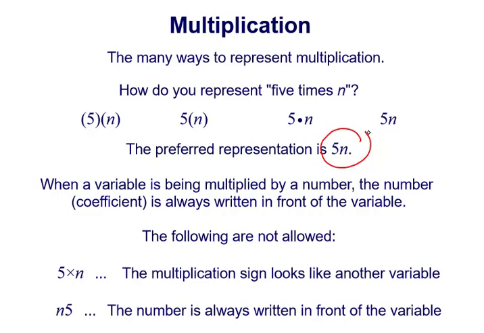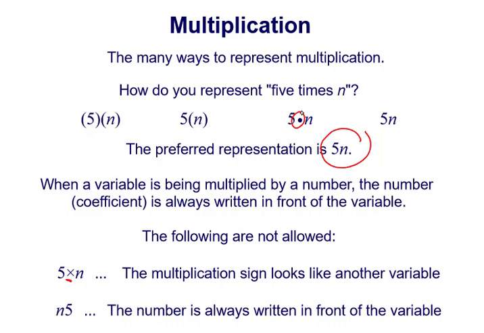Now, there are lots of different ways that are acceptable, but one that we don't want to accept is if you use the multiplication sign, the x, that almost looks like the variable x. So it almost looks like 5 times x times n instead of just 5 times n. So you want to use a different multiplication sign. Often if you do use a multiplication sign, we use the dot.